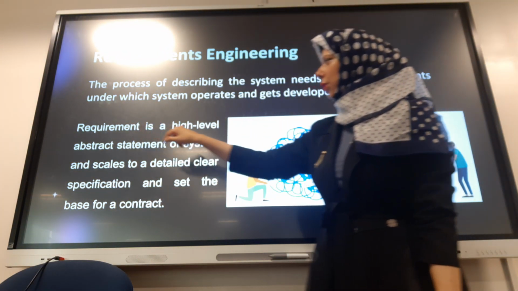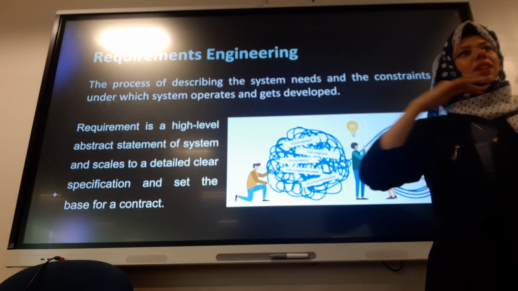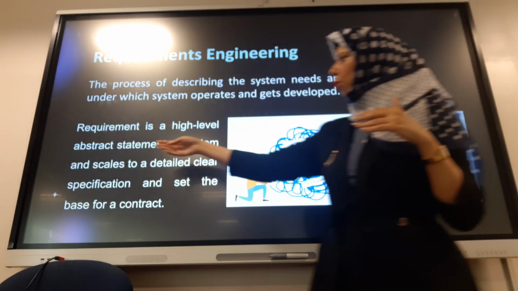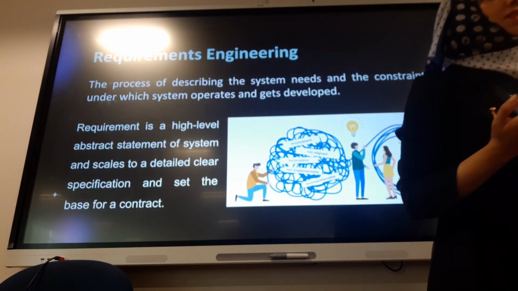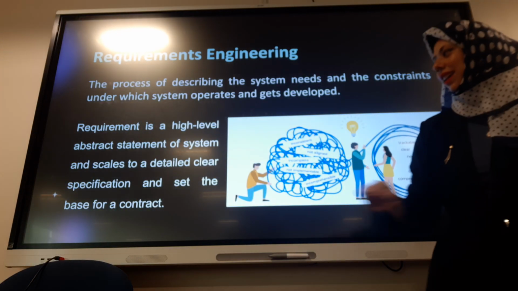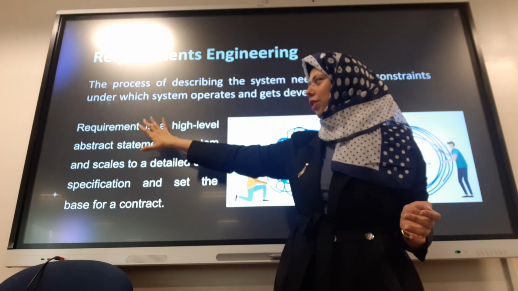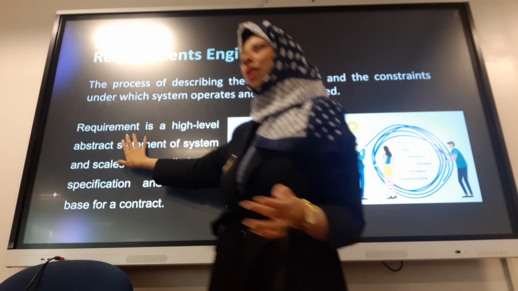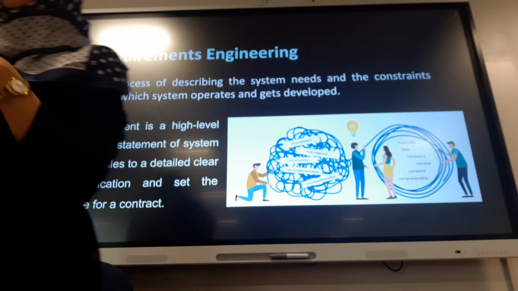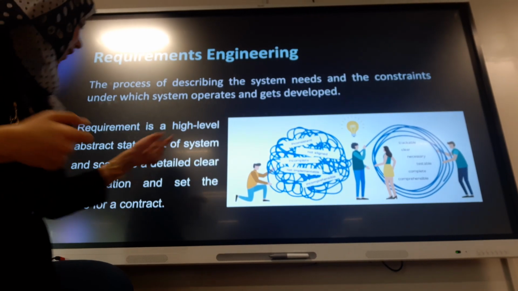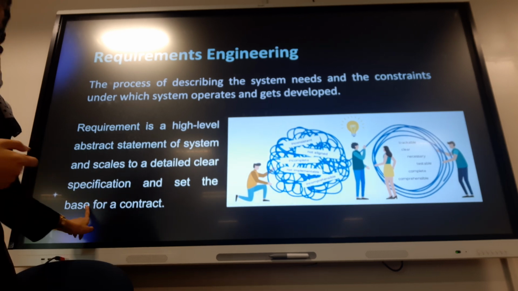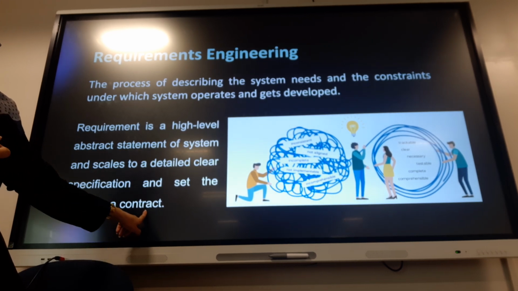And requirements, on the other side, are considered the high-level abstract layer where you provide statements that describe how the system actually works. Now keep in mind that it could be an abstract version at the very beginning, but later it will scale up to be detailed specifications. And this will set the pace for a good contract.